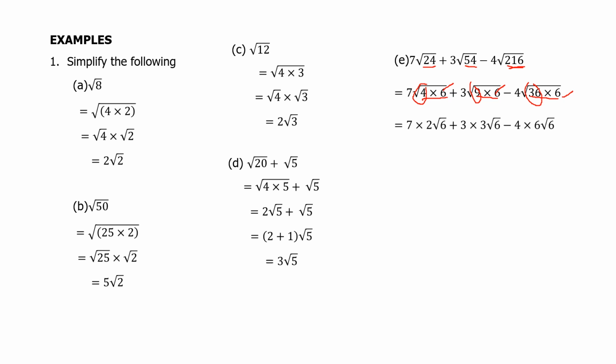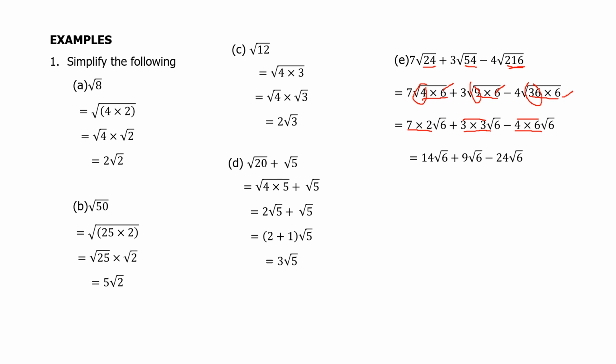And we are having something like that, a 2 times the 7, then a 3 times a 3, then a 4 times a 6. Now, when we multiply here, we have 14. When we multiply there, we have a 9. When we multiply there, we have a 24.